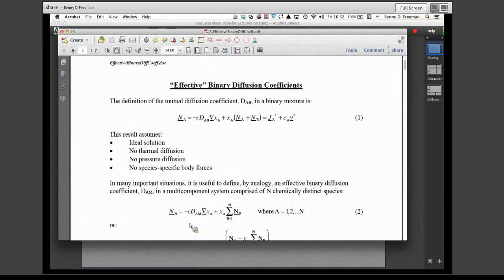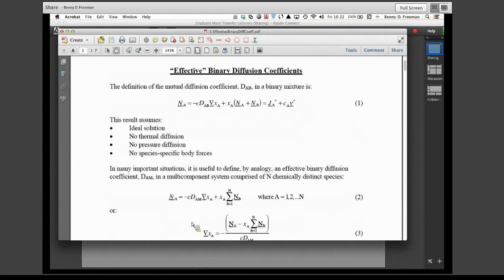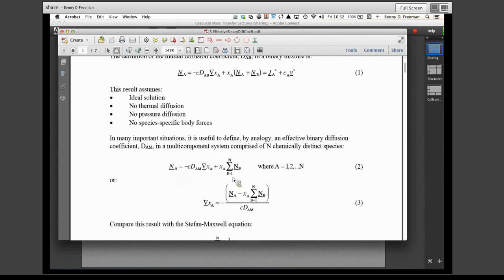And so what we will do is take this definition of mass flux, or if you will, the binary diffusion coefficients in a binary system, and write an effective form of it in a multi-component system. So we imagine now that we have not the flux of A in B, but the flux of A in a mixture of many components, potentially.